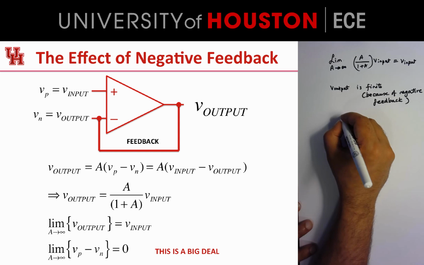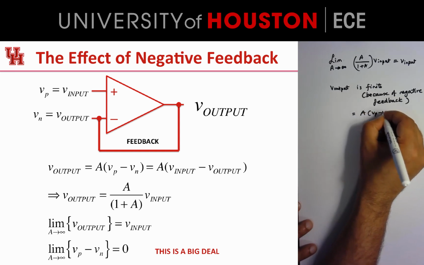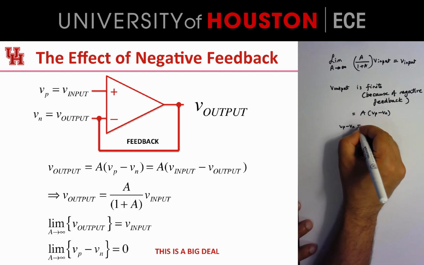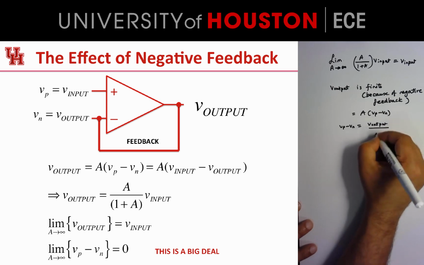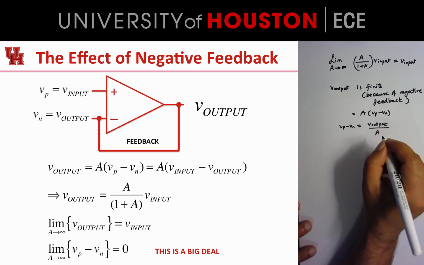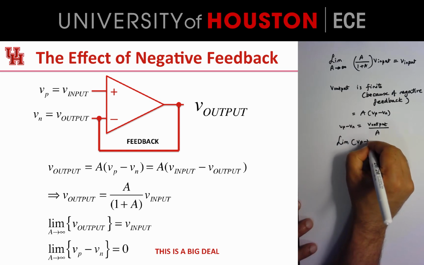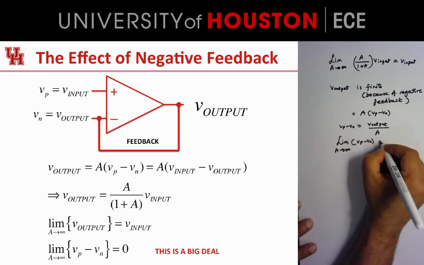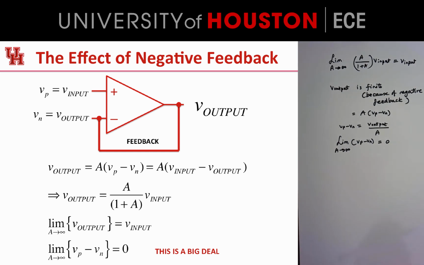Since V output equals A times (VP minus VN), VP minus VN equals V output divided by A. So the limit of VP minus VN as A tends to infinity is going to be 0, because this is finite and this is infinite.